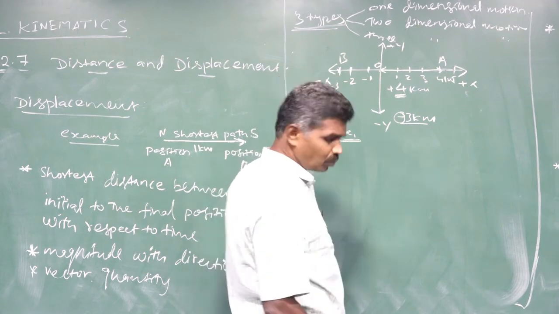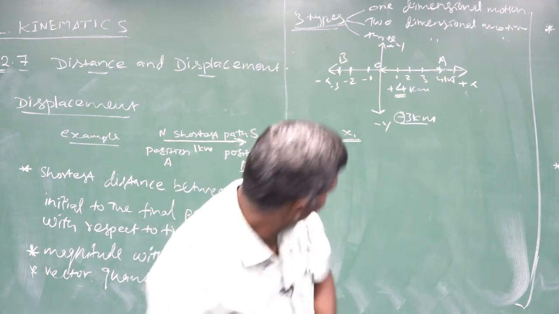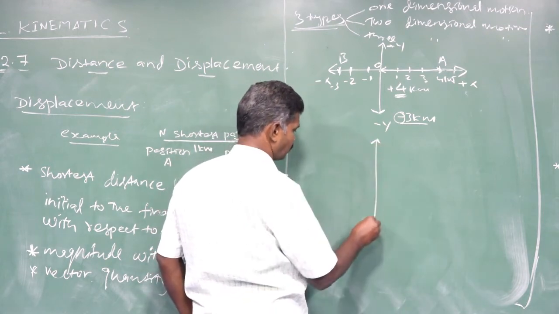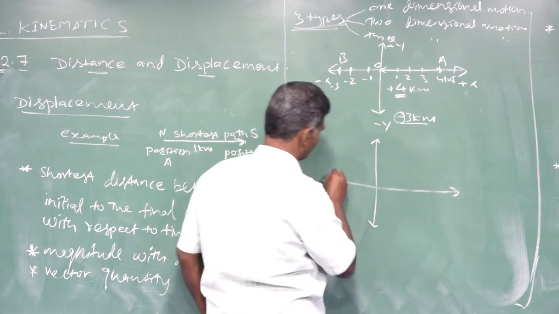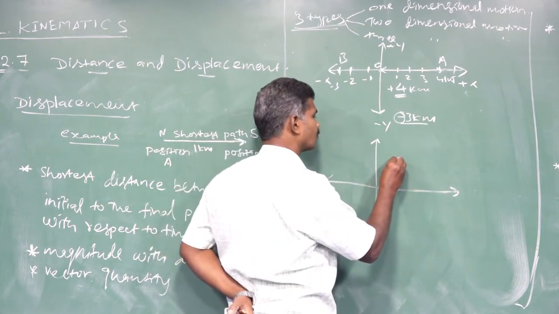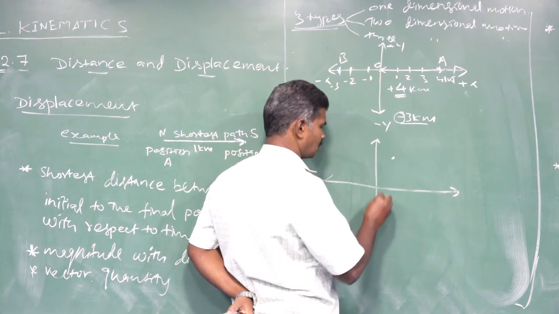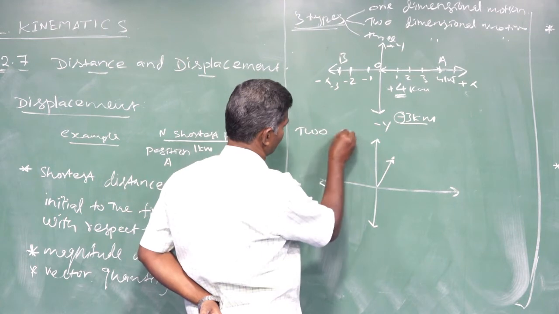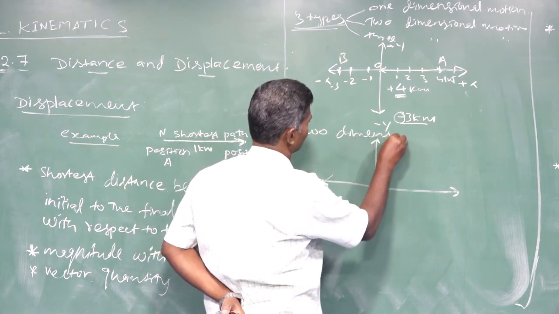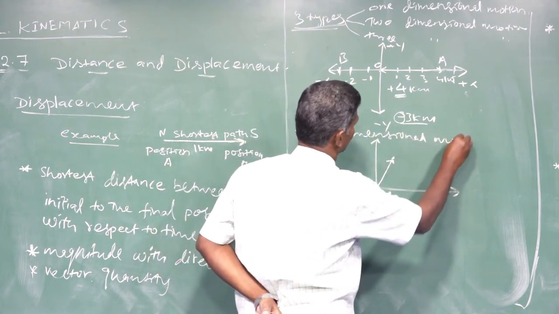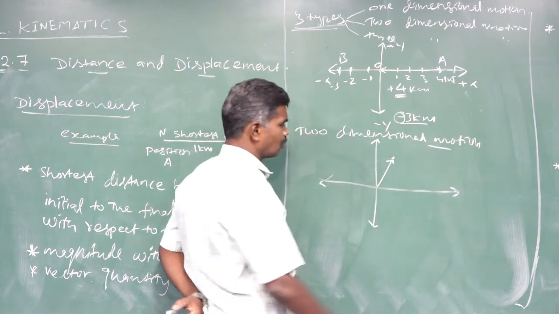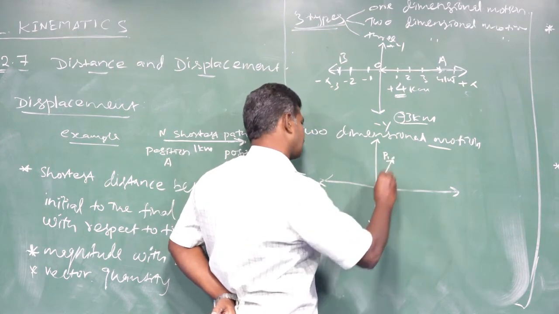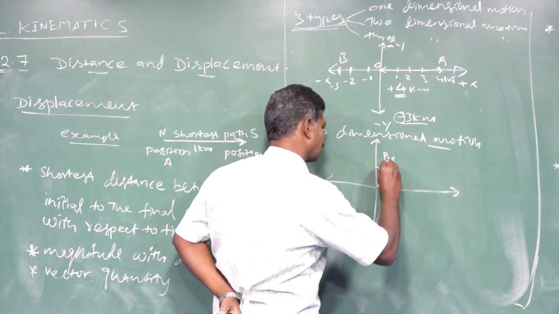If it is a two-dimensional motion, the particle is initially at this position, P1, which has a certain distance from the origin, R1.